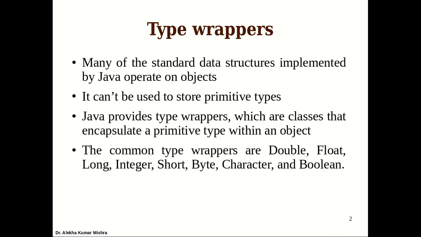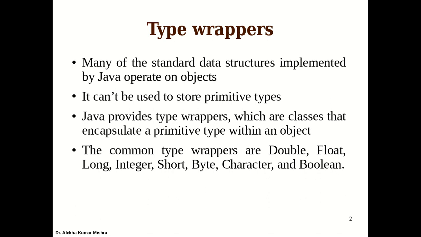So, beginning with type wrappers. These terms might be a little bit new to all of you. In Java, everything is handled as an object. We know that there are built-in classes and user-defined classes, and for any operation that we perform, we create objects.